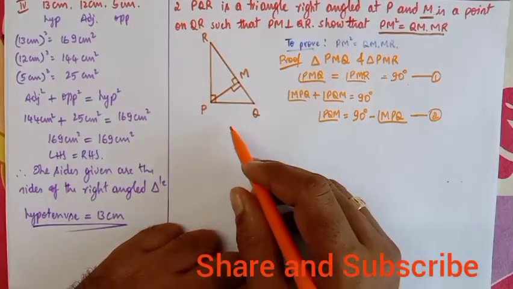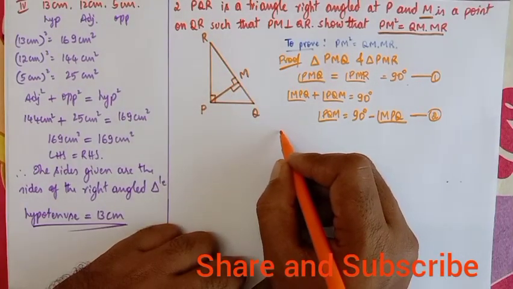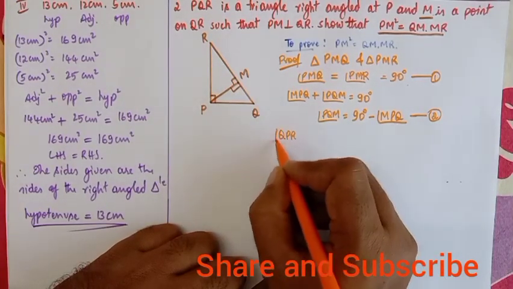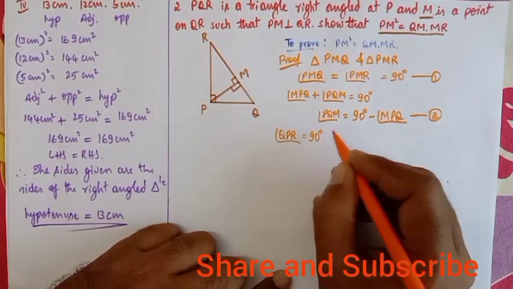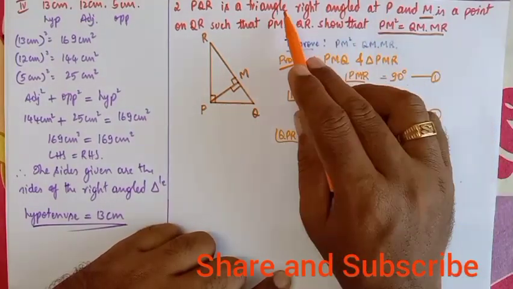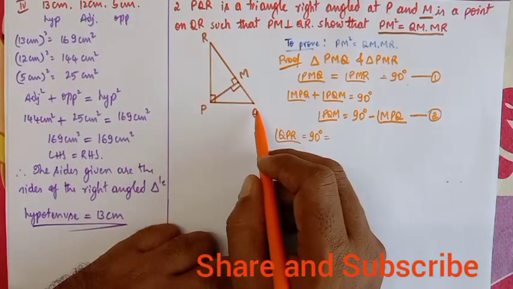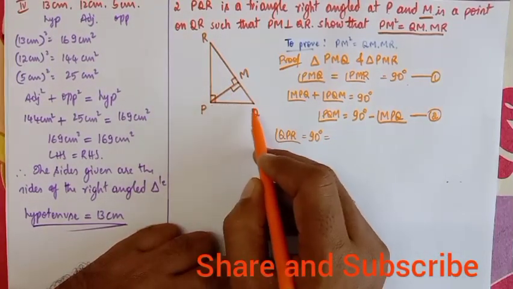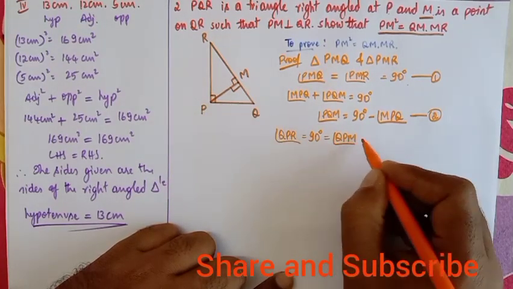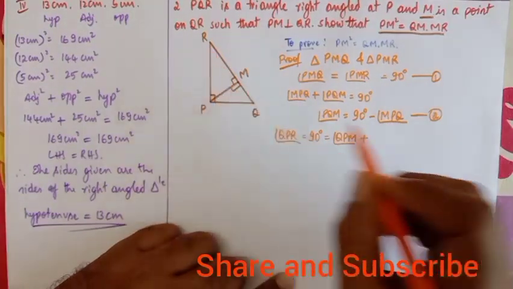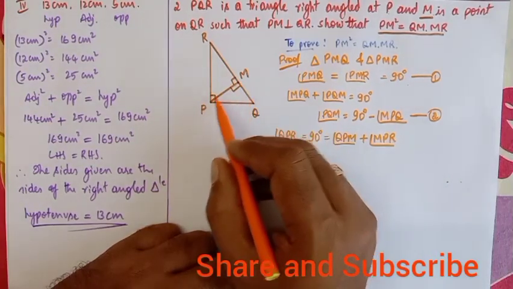Now here angle QPR is equal to 90 degree, as it is right angle at P. So here 90 degree means there are two angles, that is angle QPM plus angle MPR.